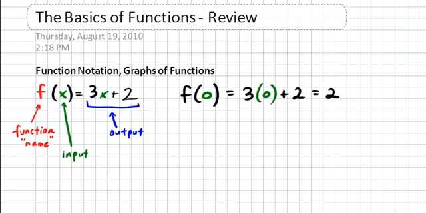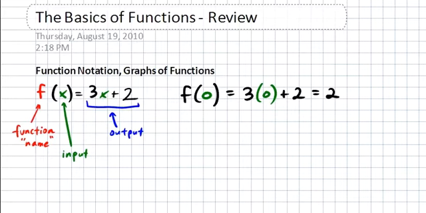So let's see that in action. If we used 0 as our input, we could figure out what the output is. 3 times 0 plus 2, because we substitute in 0 for our input. So x, our input, is a variable. We call that the independent variable.